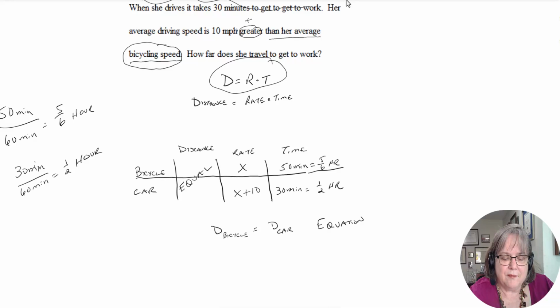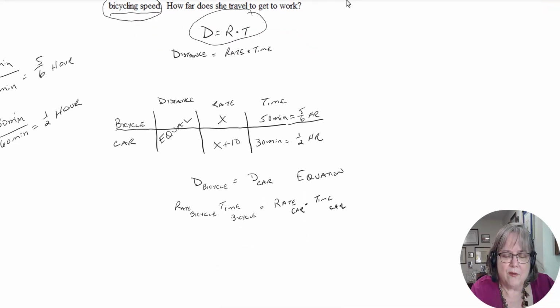Well, the distance of the bicycle is the rate of the bicycle times the time of the bicycle. And the distance of the car is the rate of the car times the time of the car. So we sort of had to translate again.